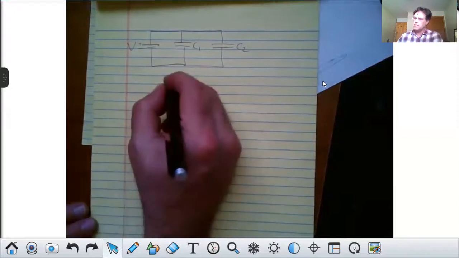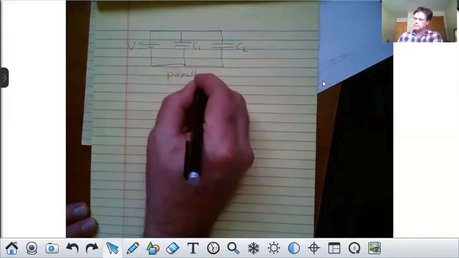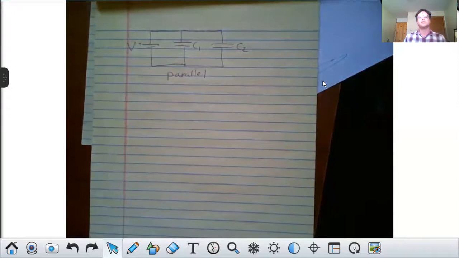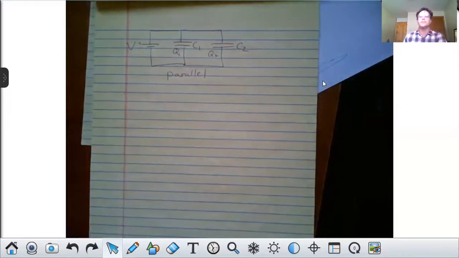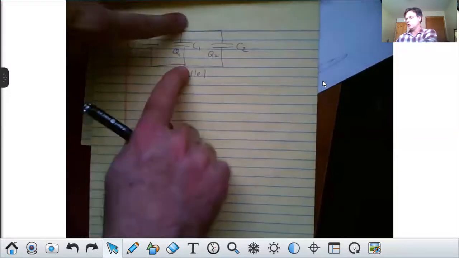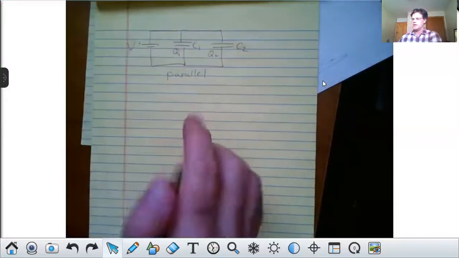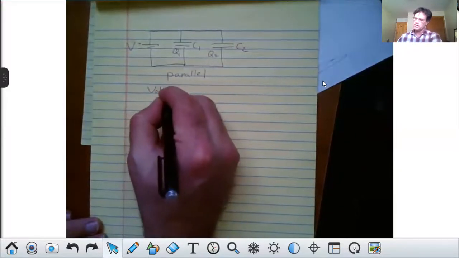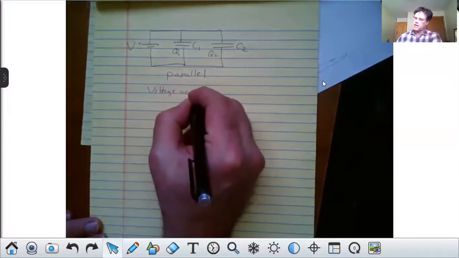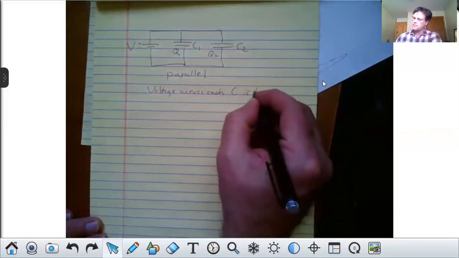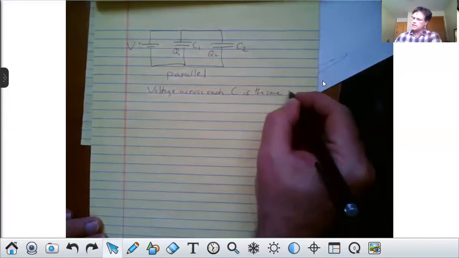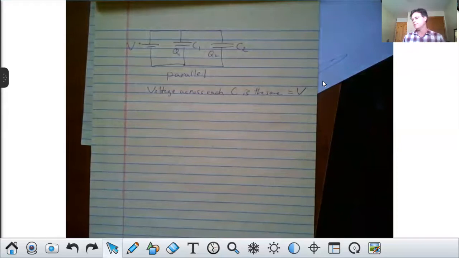I say that these are combined in parallel. Now things are different. The charge on each one may not be the same. Q1 may not equal Q2. But the thing that is the same is the voltage across each capacitor. In fact, it equals V, the voltage across the battery.